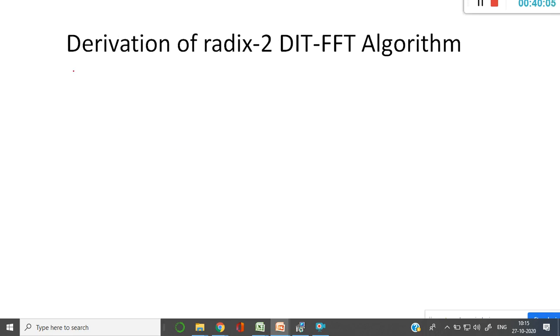Now coming to the derivation, let me assume that x of n consists of the values x of 0, x of 1, x of 2, and it continues till x of n minus 1.